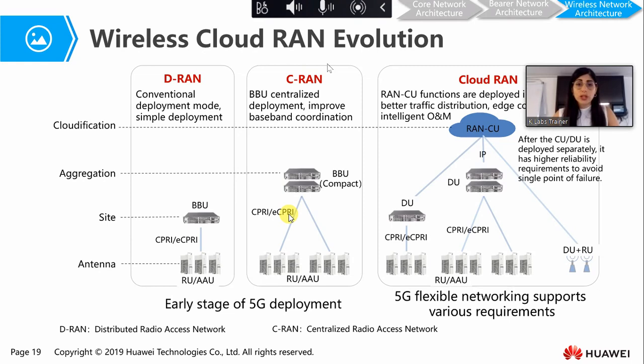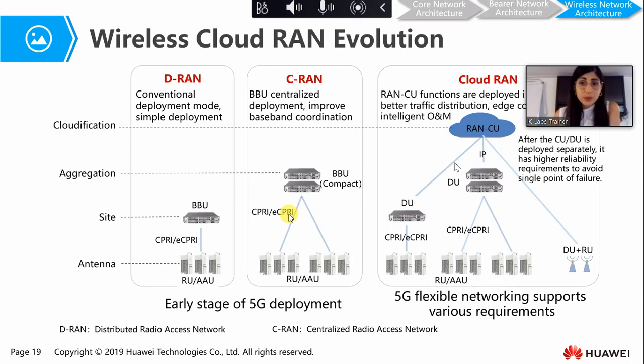The next evolution is to use the centralized RAN, in which we have a pool of BBU that are centralized at the aggregation layer. So in here, we can basically manage more sites. We can manage more resources, but the problem is the latency.